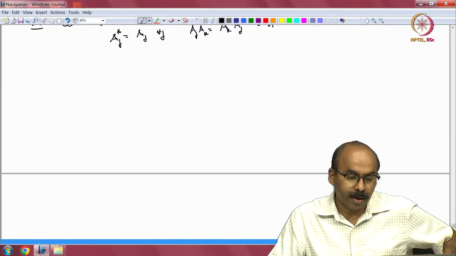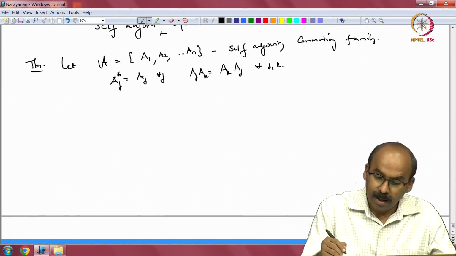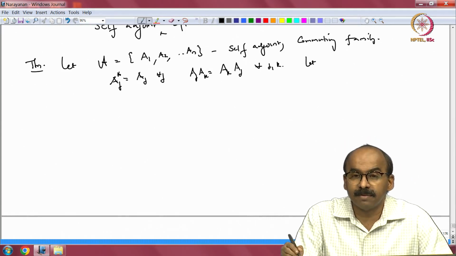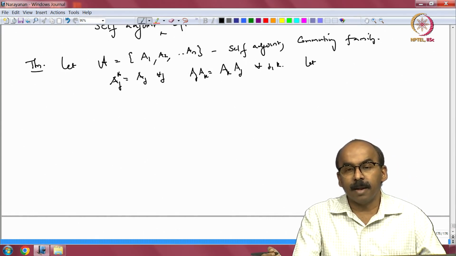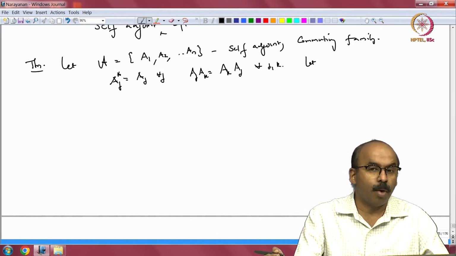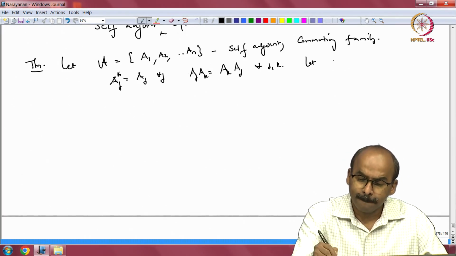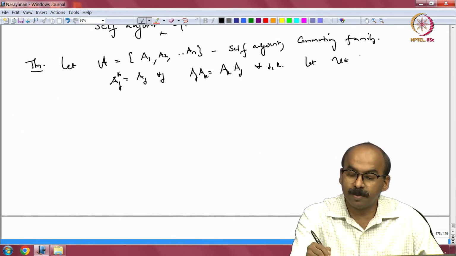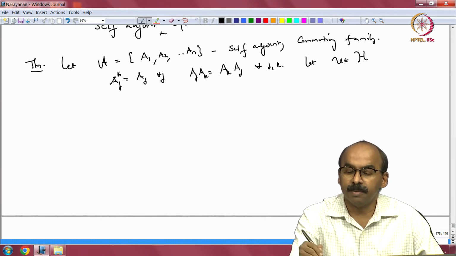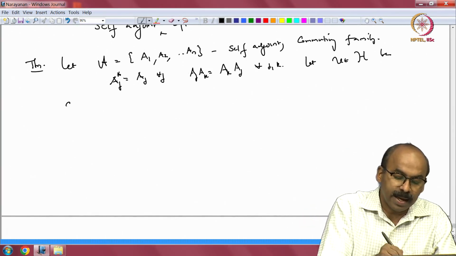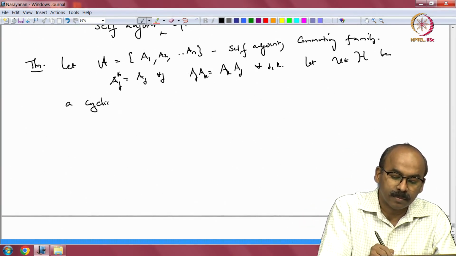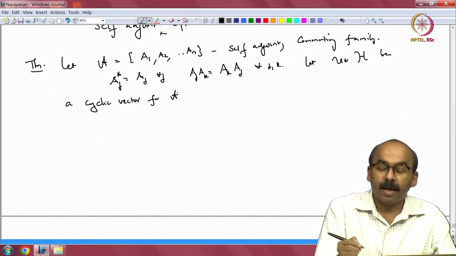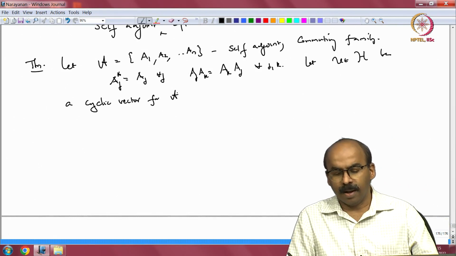Okay. Now, we will write down the cyclic case first and then say that everything can be done as in the case of a single operator. So, let V in H, so all these operators are acting on a single Hilbert space H. Let V in H be a cyclic vector for the family A1, A2, An. What does that mean?